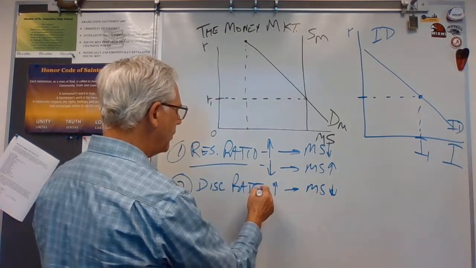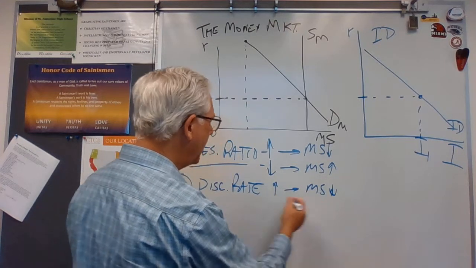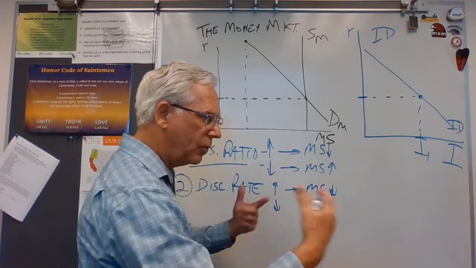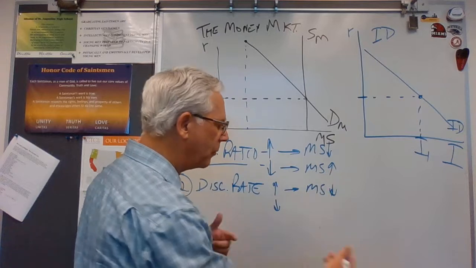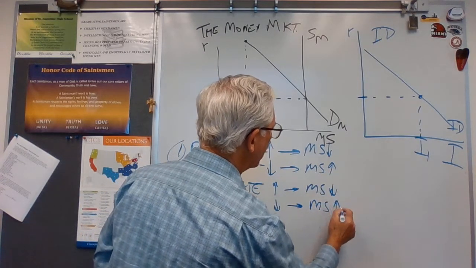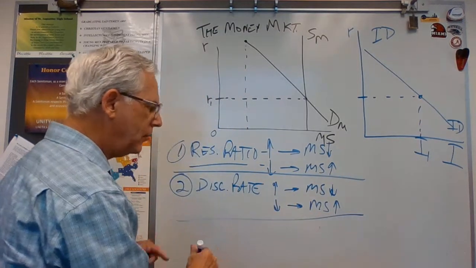So increasing the discount rate would reduce the money supply. That would be contractionary monetary policy. Reducing the discount rate, banks would feel more free to borrow money from the Fed, expand their excess reserves, make more loans. That would cause the money supply to increase. So those are 2 of the main things that you have to know.